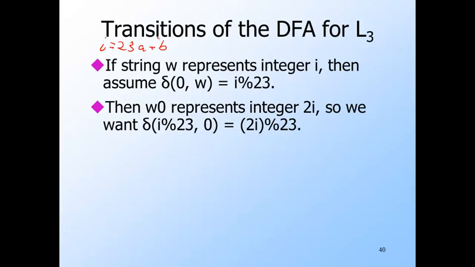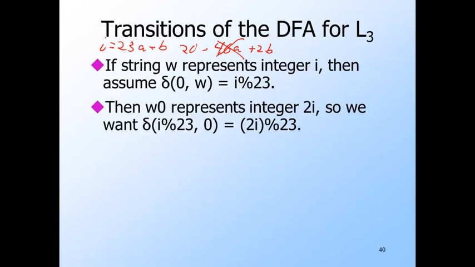Then 2i is 46a plus 2b. Since 46 is divisible by 23, 2i mod 23 is just 2b mod 23. That is, when we divide by 23, we can just get rid of the 46a. We know it will leave a remainder of 0.